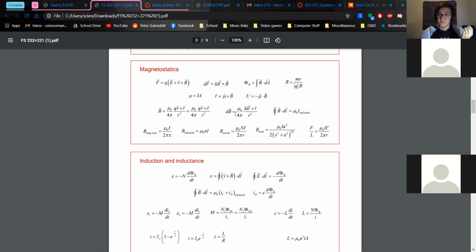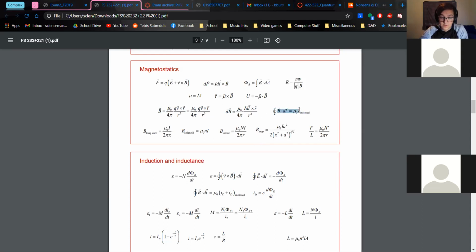That wire might be bent into a complicated geometry. And if that's the case, then you have to use this equation to describe it. So we say a little bit of B field due to a little bit of the wire is given by this right here. Essentially, it's the same thing as this equation. It's just now we have a dl instead of a vq. I dl, sorry. So it's exactly the same idea.